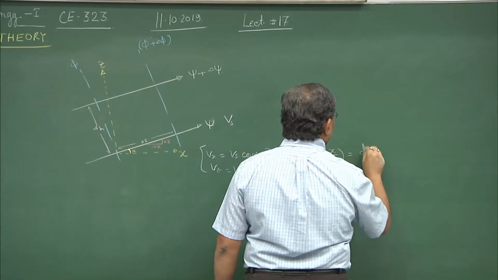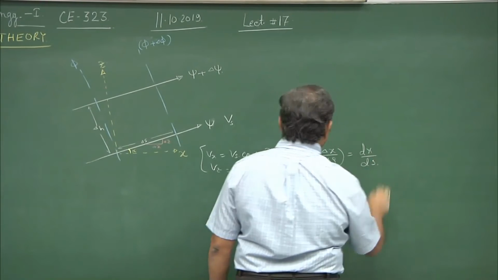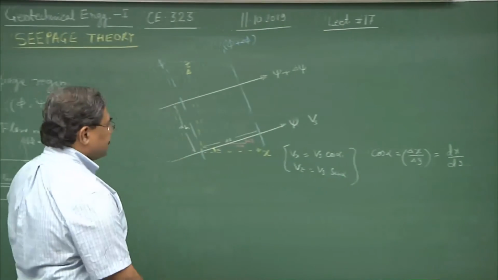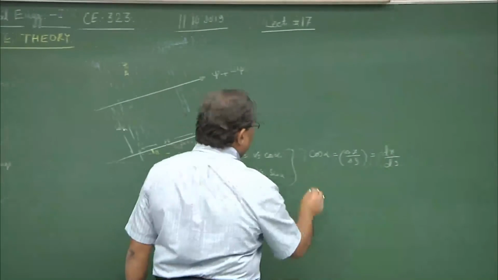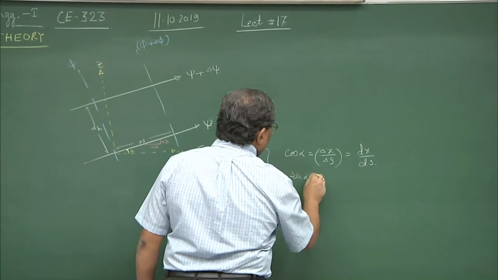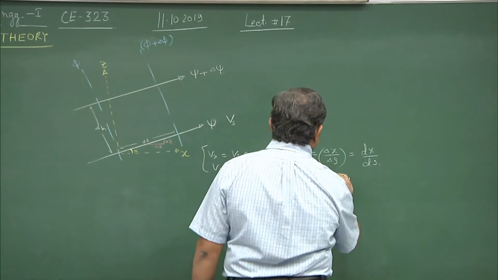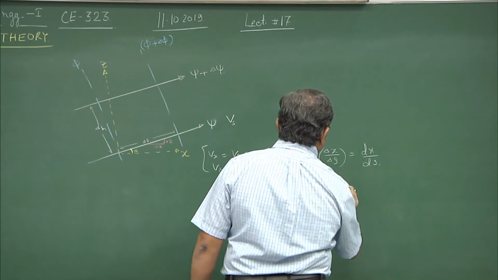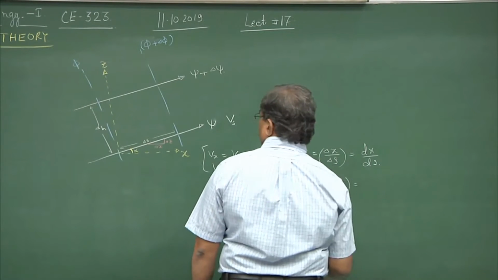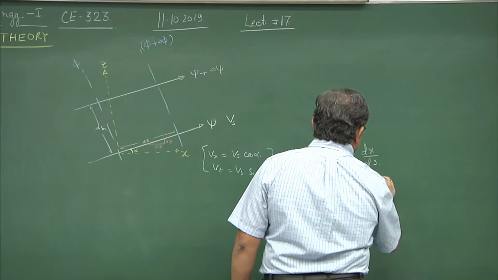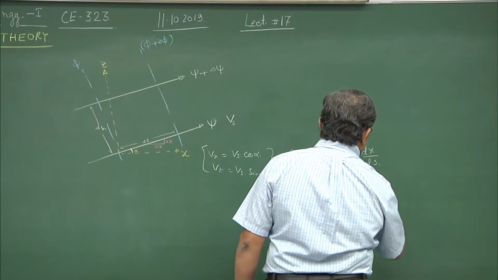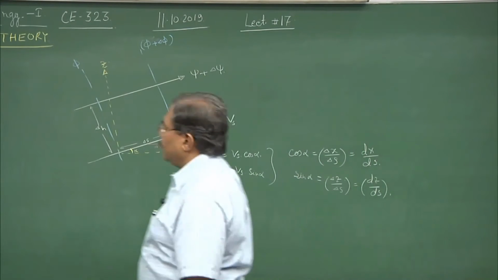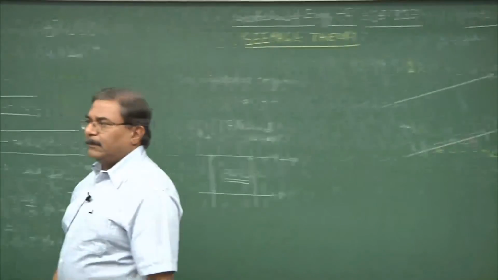This can also be written as dx upon ds, and sin alpha will be equal to delta z upon delta s, which will be equal to dz upon ds. Right.